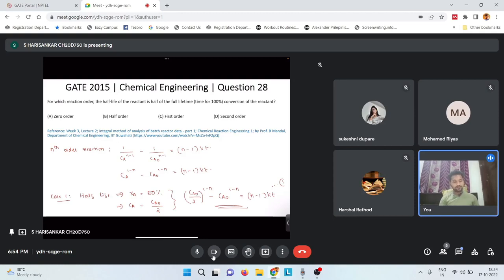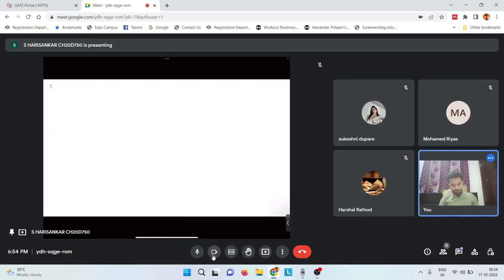Now, the second case, case 2, it is full time. That means conversion is 100%. This also means Ca will tend to 0. That means all of A has gotten converted into the product. So Ca will be 0.